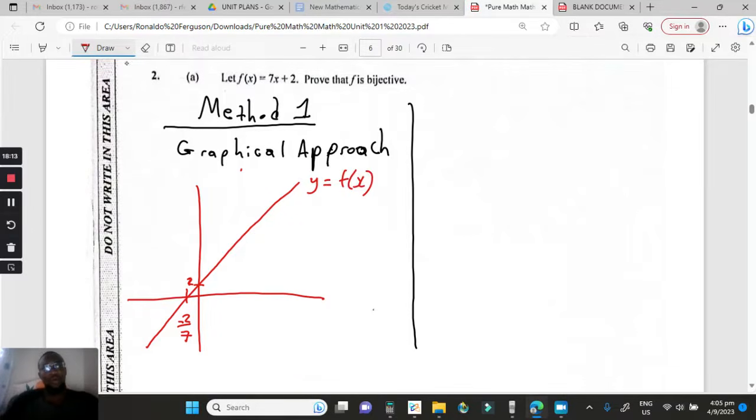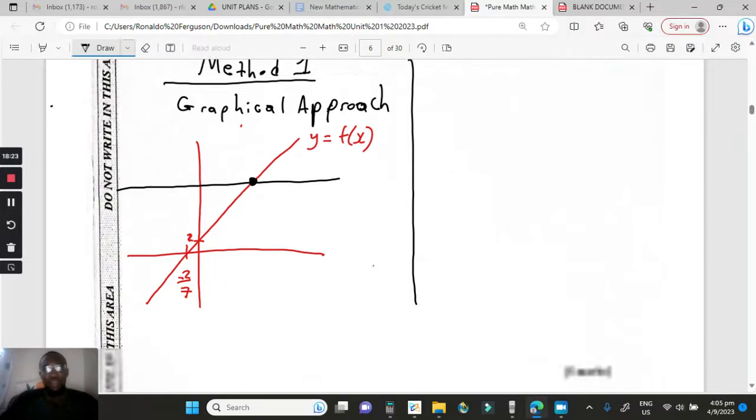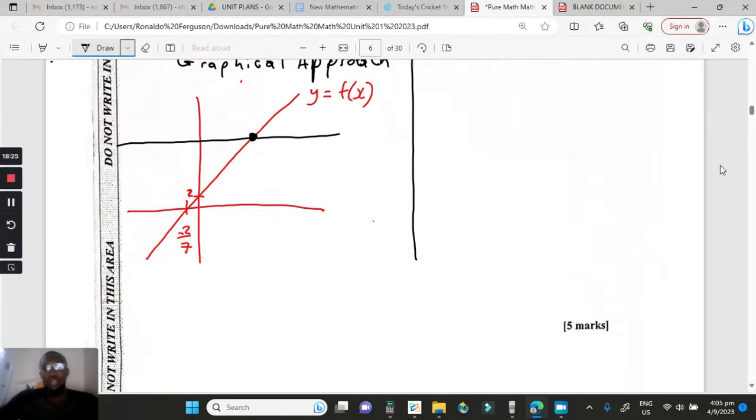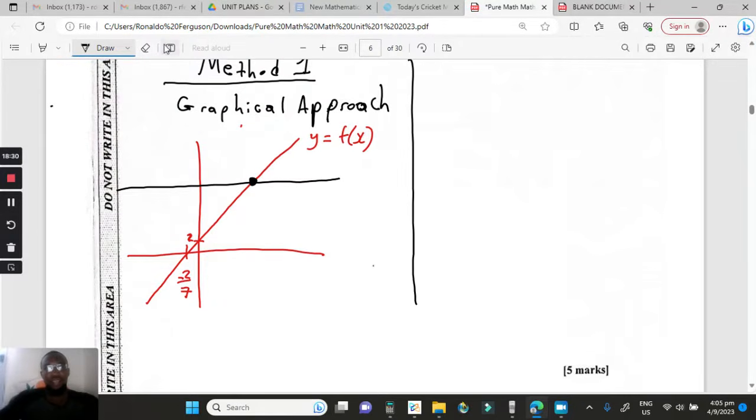Now, if we do what we call our vertical line test, not vertical, our horizontal line test, we realize that the horizontal line only detects one point of intersection for all x values.